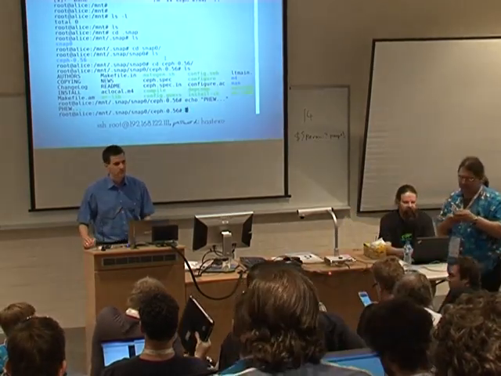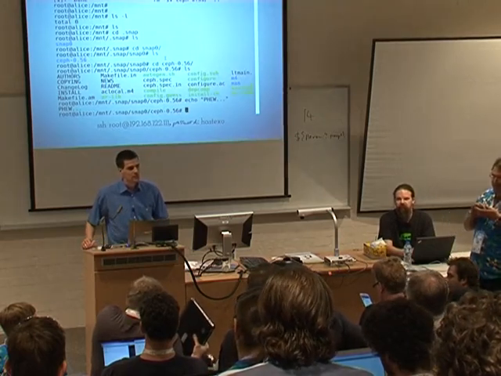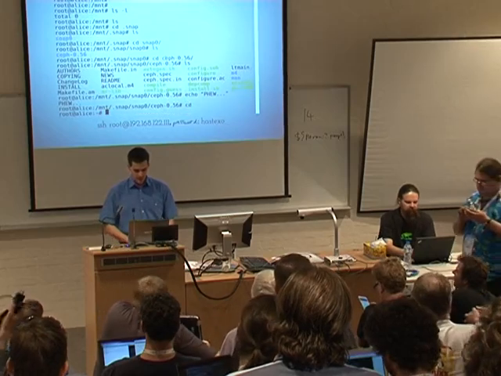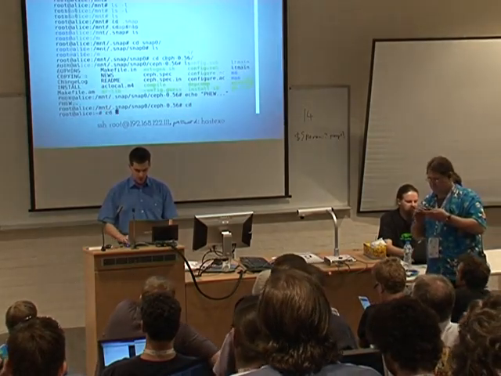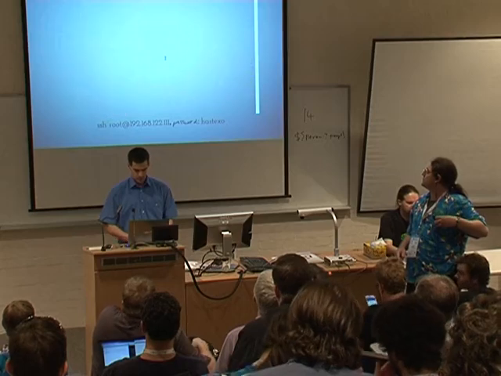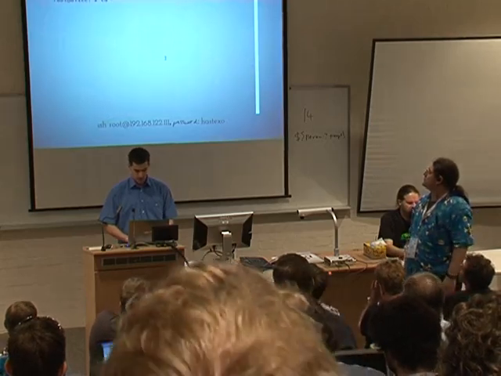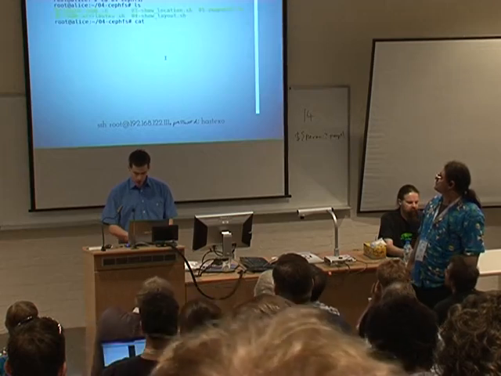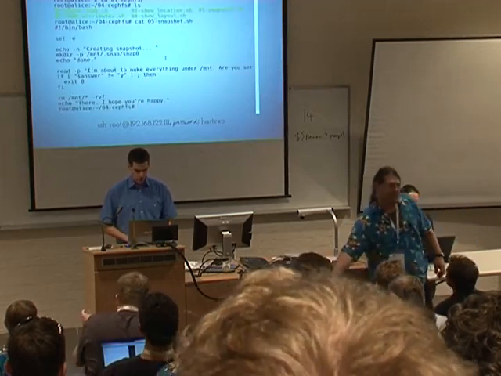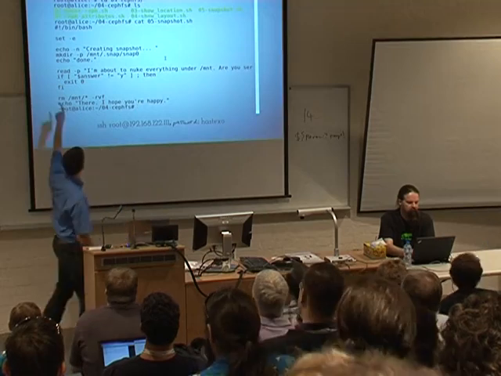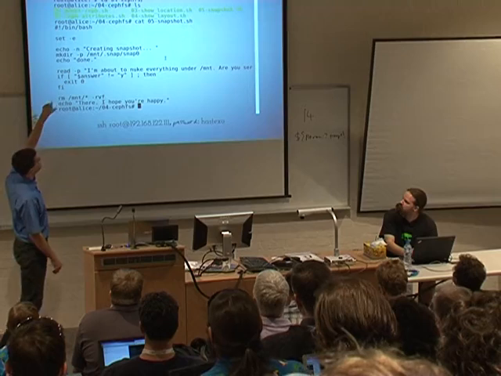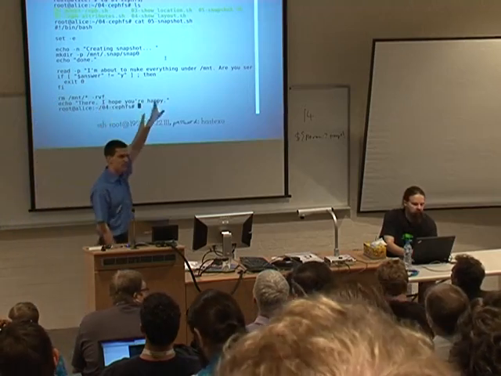Simple one. When did you do the snapshot? So this is what we did. We're creating a magic directory. We just do a mkdir mnt/snap, and that's the name of the snapshot, and that's it.